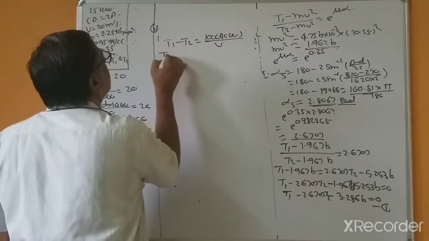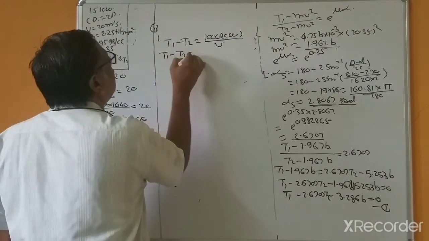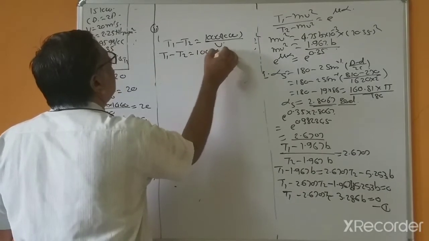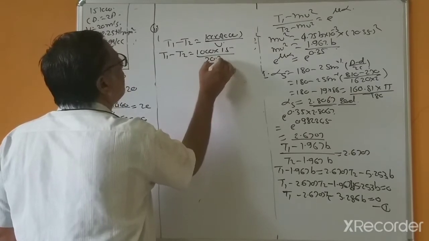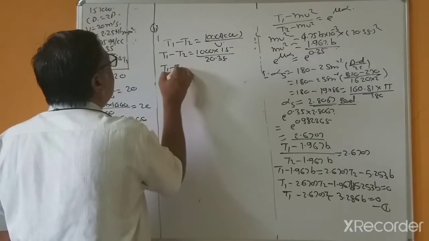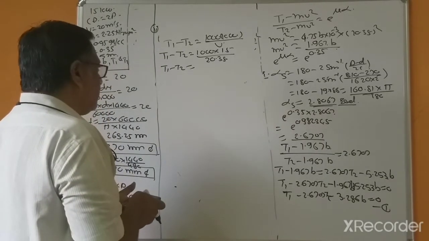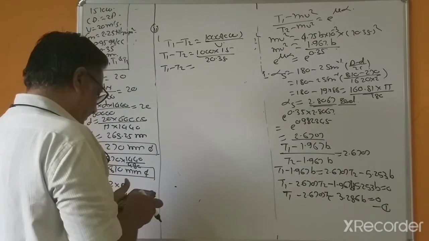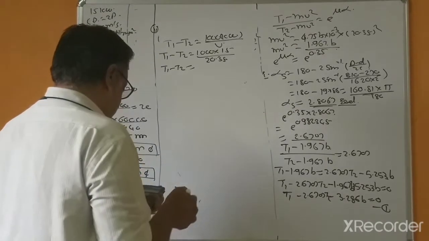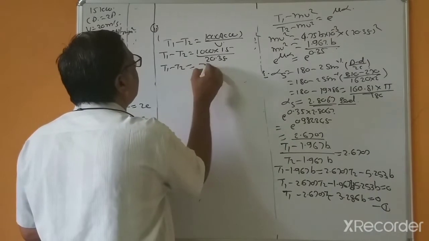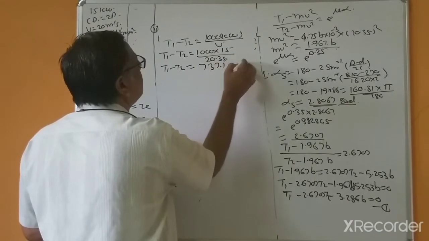So T1 minus T2 equals 1000 multiplied by 15 divided by 20.35, which is 737.1. This is the second equation.